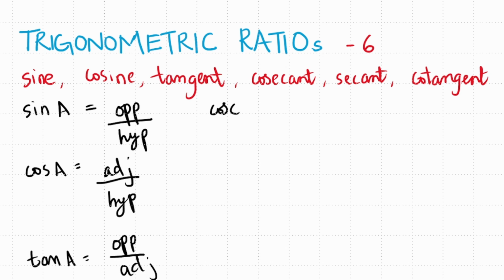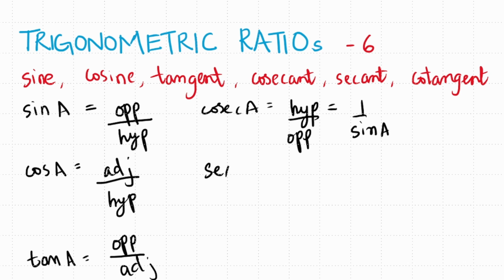And the cosecant of A, we can write the short form, cosec A, is hypotenuse by opposite, which is 1 by sine A, the reciprocal of sine A. The same applies for sec.